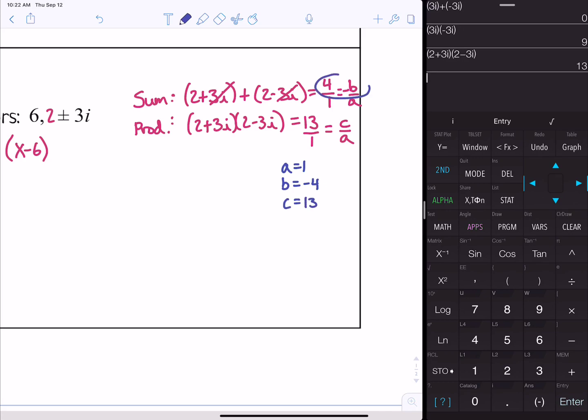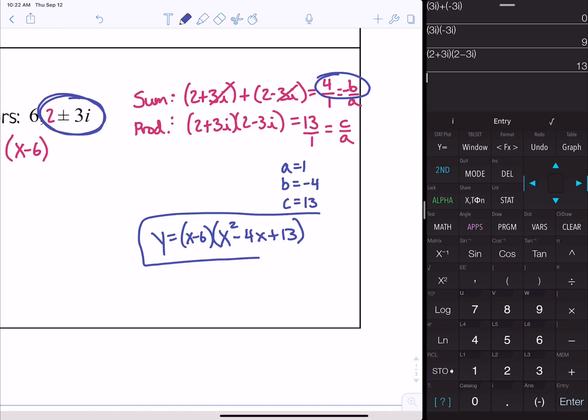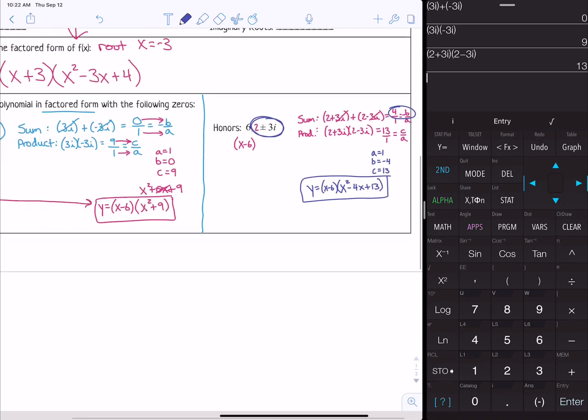You just got to be careful with b, because that numerator is equal to negative b, so you got to switch the sign. So we could say x squared minus 4x plus 13 is where our roots that were imaginary came from. But we're working on factored form, so don't forget about x minus 6 was that original factor where 6 came from. And then you're finished. Do not multiply those together or you're headed for standard form, and they asked for factored form, so you just don't want to go too far.